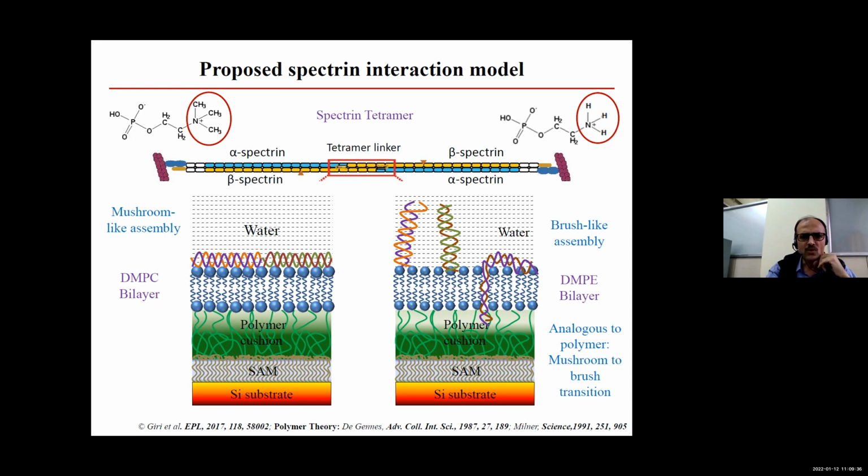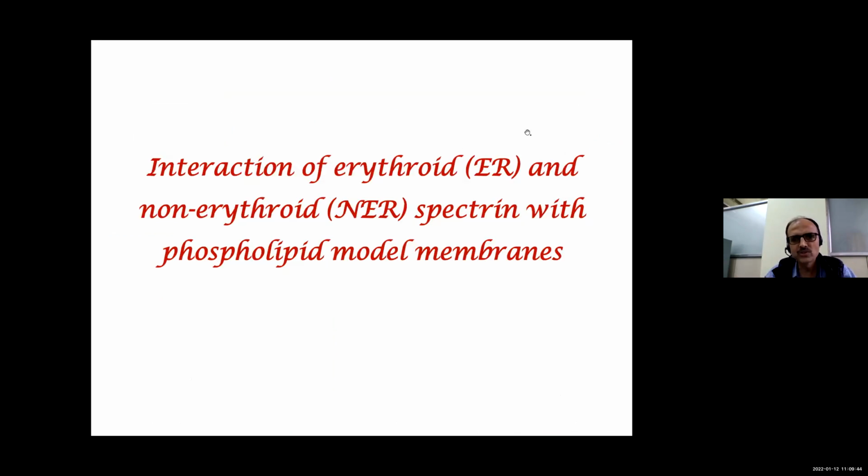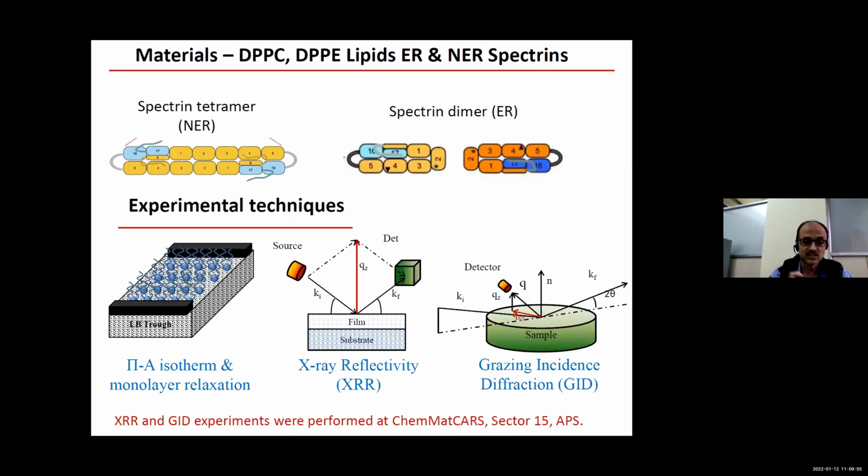So we continued this. I said that there are two kinds of spectrin molecules that I can use. One is the erythroid spectrin, another is the non-erythroid spectrin. The non-erythroid spectrin is a tetramer, and it has the specialty that it is a little bit rigid.